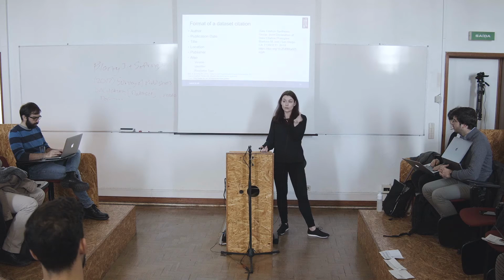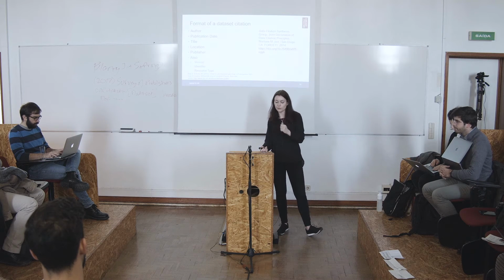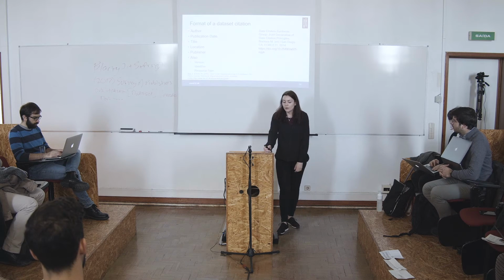Each time you have a new version or a significant change to the data set, you should, by rights, create a new DOI, and then create a relationship between the previous DOI and the new DOI. So versioning can be really important. It's also really important in software, where you tend to have huge numbers of versions as well.